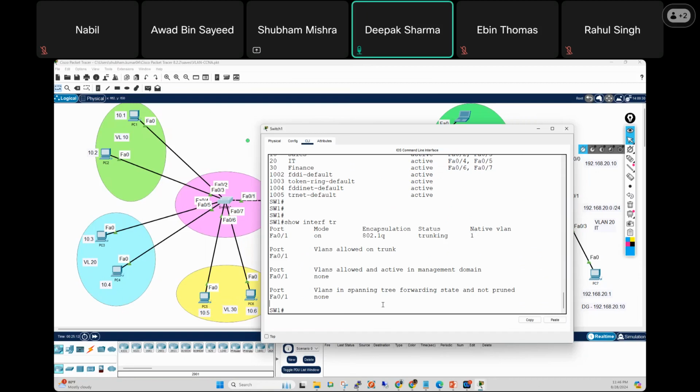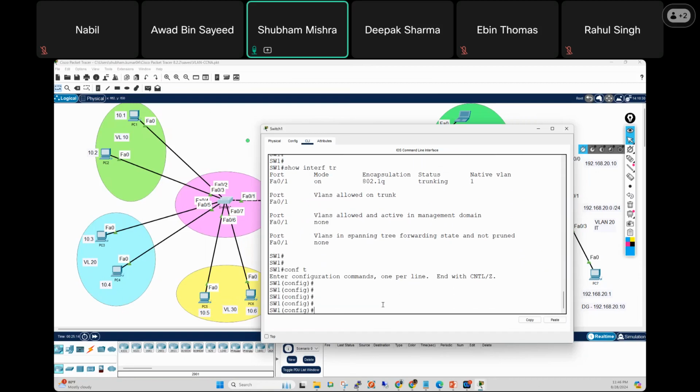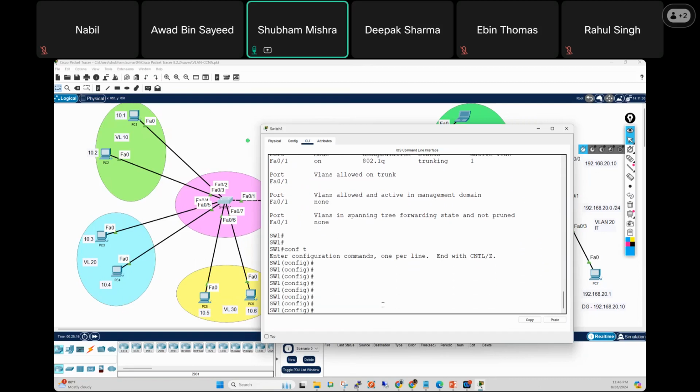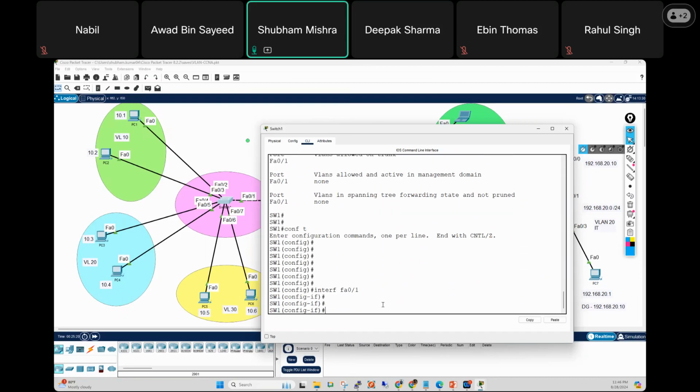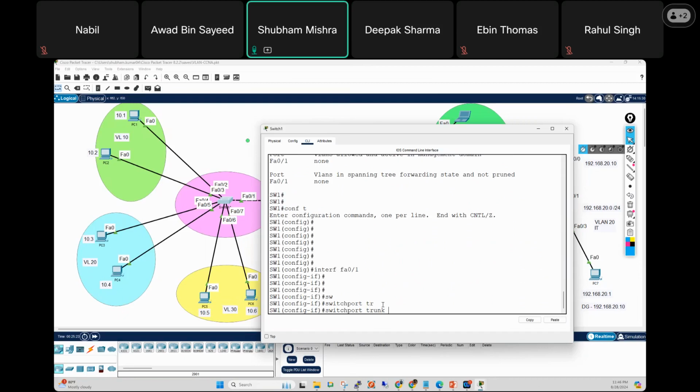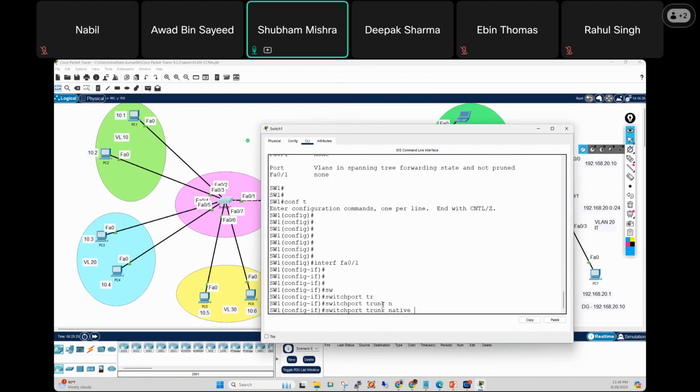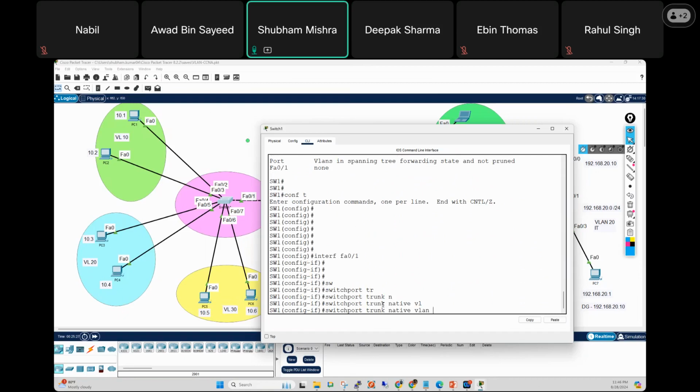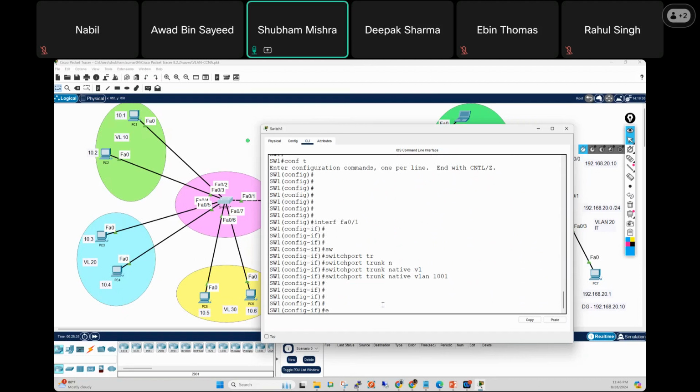First of all, go on the interface FastEthernet 0/1. Then you have to write switchport trunk native VLAN. For example, I want 101.